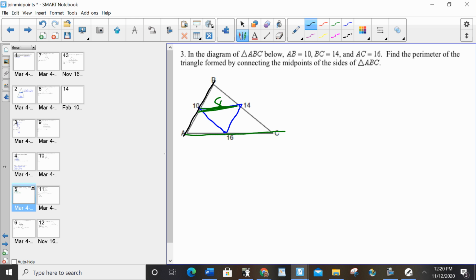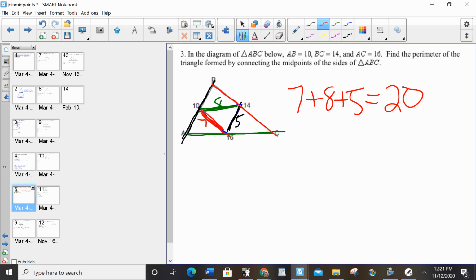This segment must be half of this, so that's 5. This segment must be half of this, which is 7. So the perimeter of the triangle formed by connecting the midpoints is 7 plus 8 plus 5, which is 20. When the midpoints are joined, the midsegment is half of the opposite side, half of the side that it's parallel to.